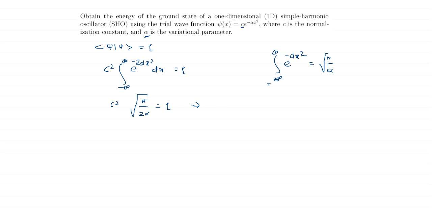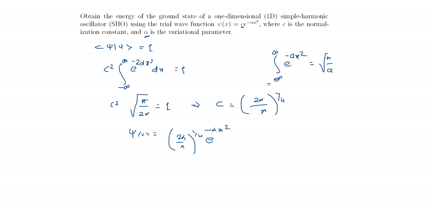So we will write down what our C is: it will be 2 alpha upon pi raised to 1 by 4. So we obtained C. Our psi of x is 2 alpha upon pi raised to 1 by 4 times e raised to minus alpha x square.